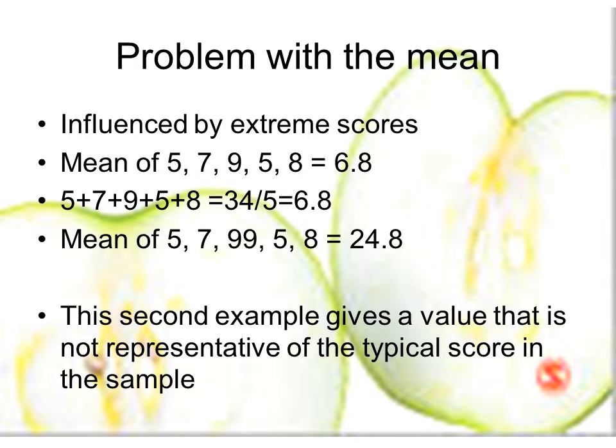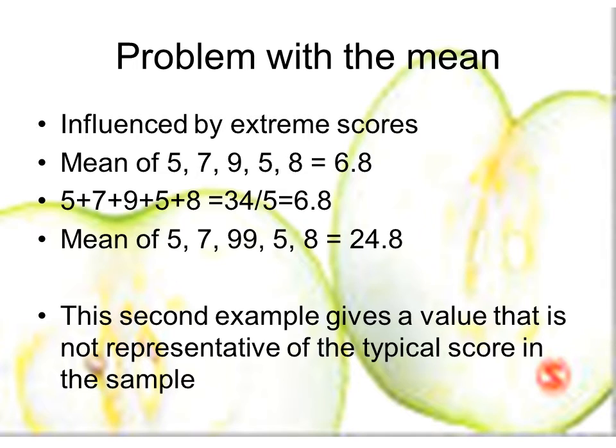The first mean here, with the total of 34 divided by the total number of 5, is 6.8. But if we look at 5 numbers added up and divided again, we get 24.8.